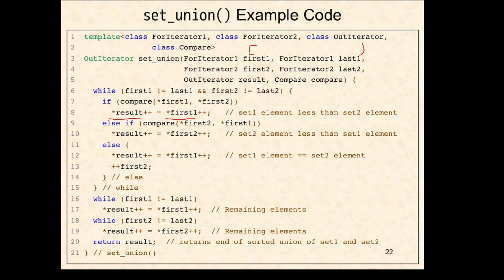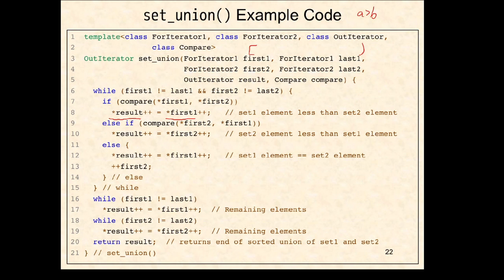Okay, so if set 1 was smaller, we copy set 1 to the output, and set 1's iterator moves, the output iterator moves. Else if compare of dereference first 2 and dereference first 1. Remember when we did that earlier where we wanted to say like, hey, is A greater than B?